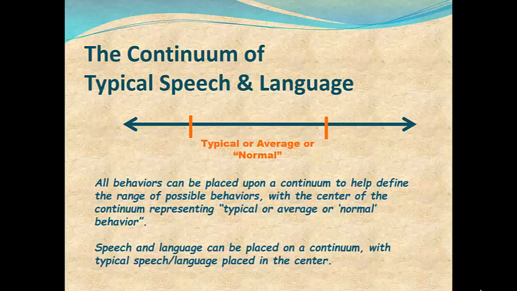All behaviors can be placed upon a continuum to help define the range of possible behaviors, with the center of the continuum representing typical or average or normal behavior. Speech and language can be placed on a continuum, with typical speech and language placed in the center.